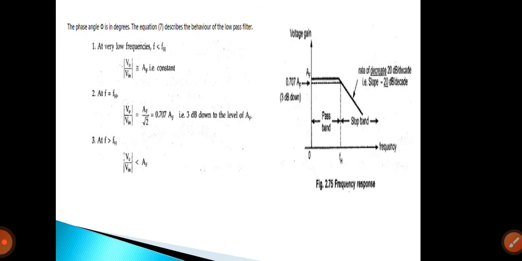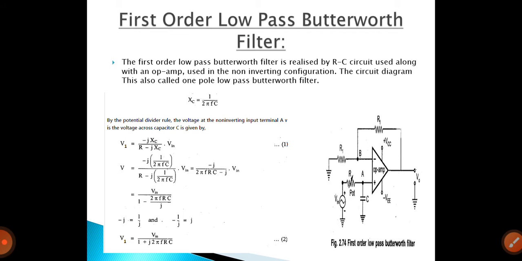That is the difference between the low pass Butterworth and the normal low pass filter. The Butterworth filter is designed to have a frequency response as flat as possible, with no ripples in the passband and zero roll-off in the stop band, right?